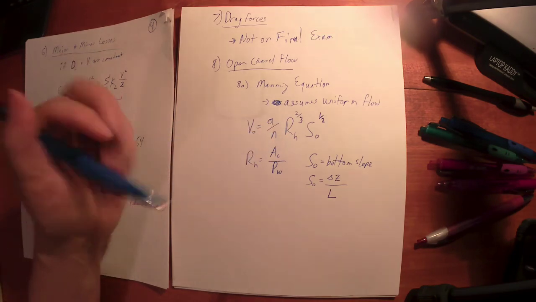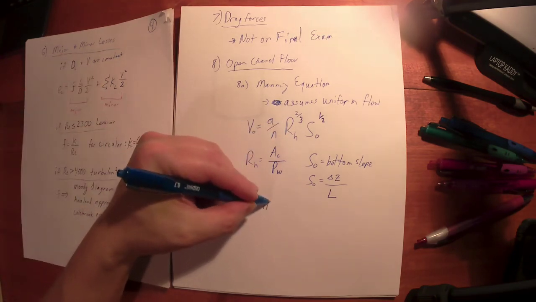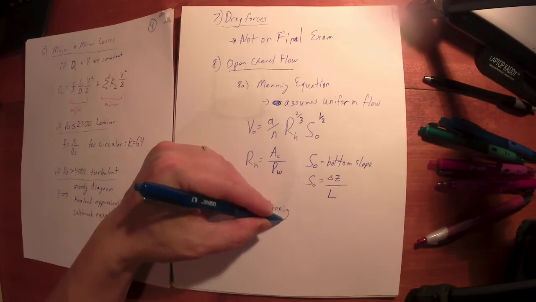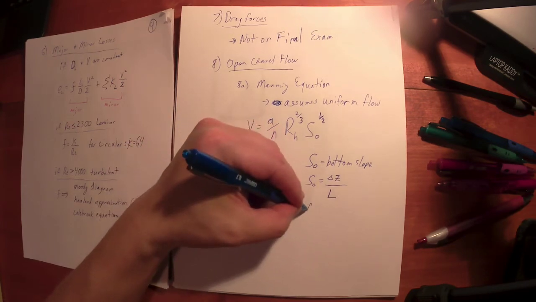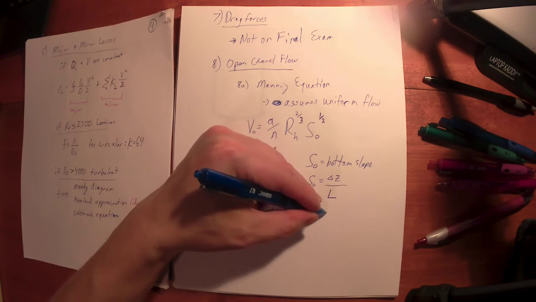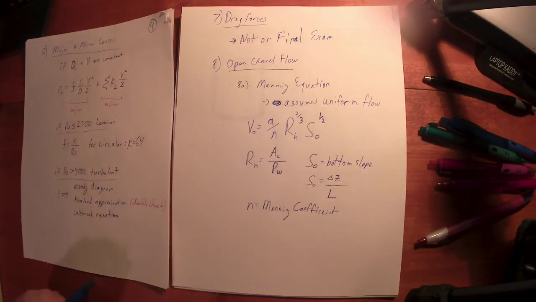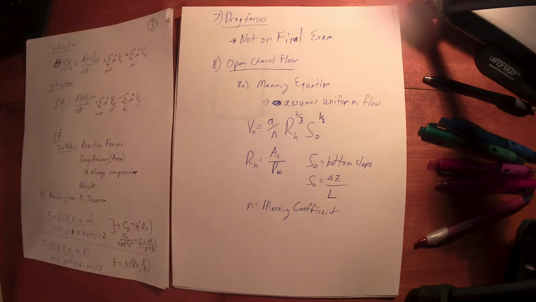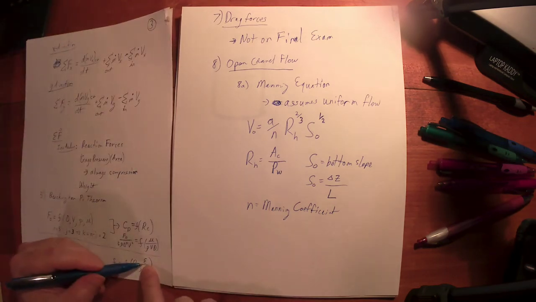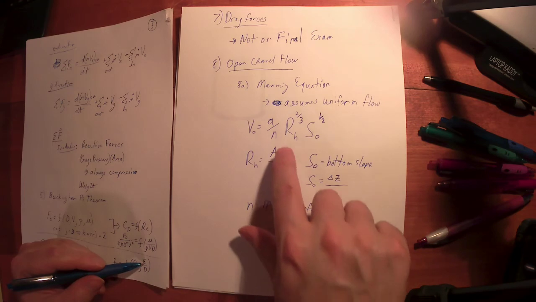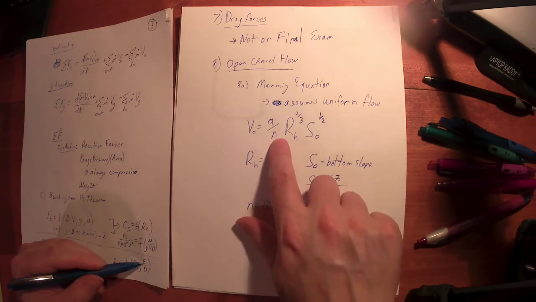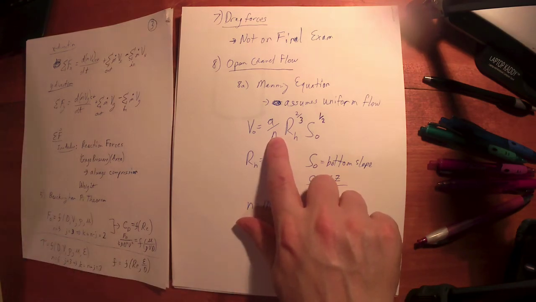So this N is what we call the Manning coefficient. Right? And it basically takes the place of the roughness of the conduit. So this is analogous to this roughness. The rougher the conduit, the higher the Manning coefficient.